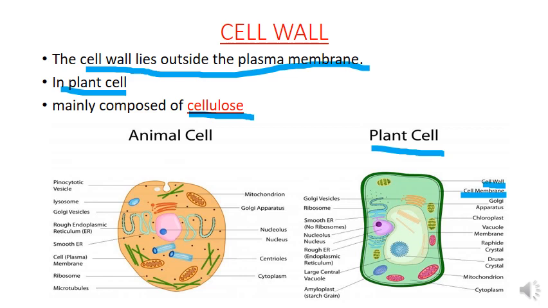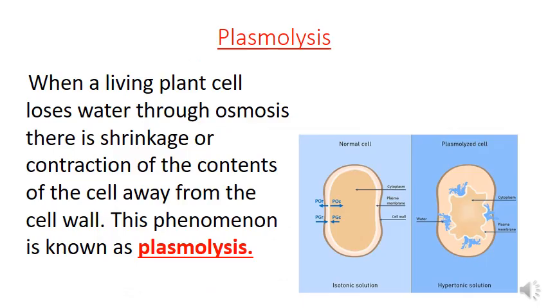What are the differences you find in the structures of animal cell and plant cell? One difference I have already said: the presence of cell wall in plant cell, whereas the cell wall is absent in animal cell. So this is your homework for today. You have to draw the structures of animal cell and plant cell.